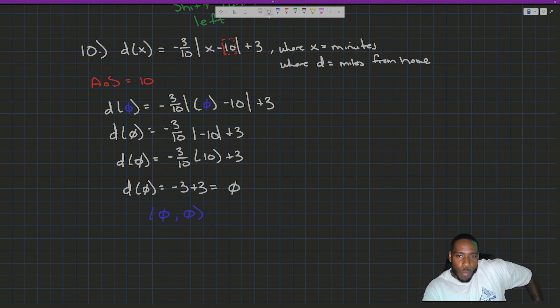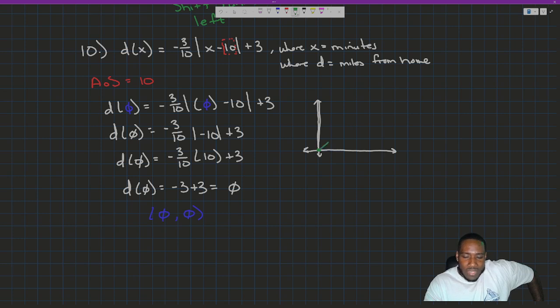If we're picturing what this graph looks like in our head, we have this y-axis, we have this x-axis, we know we're starting at 0, 0. That's the origin of the graph.